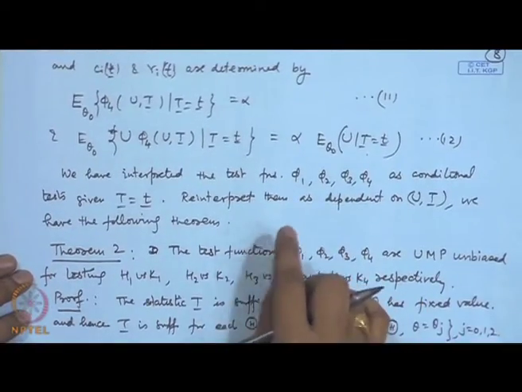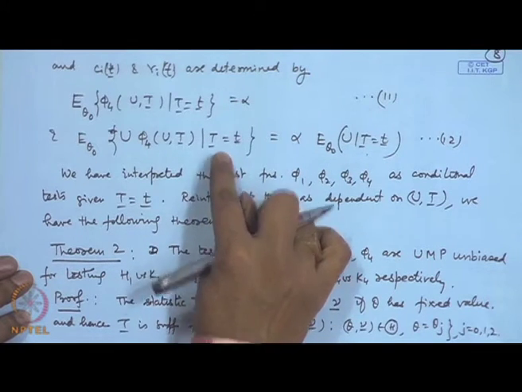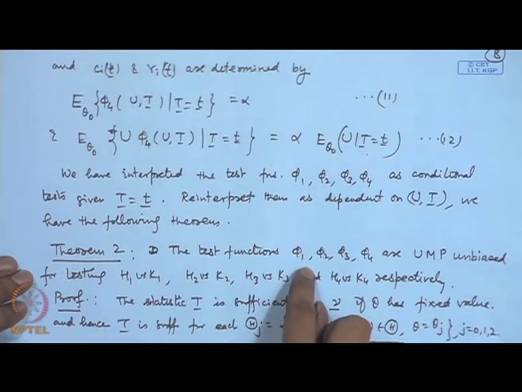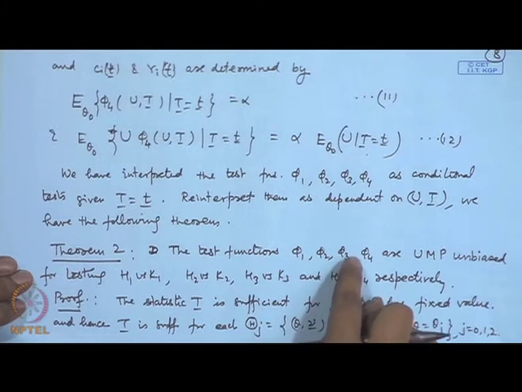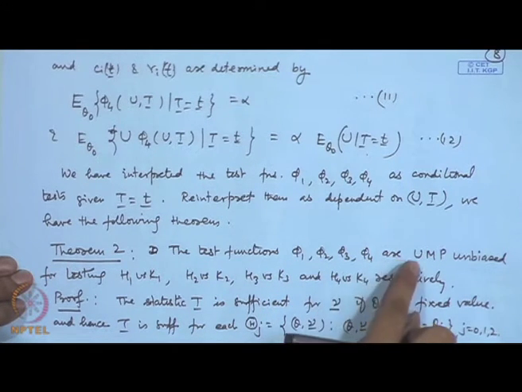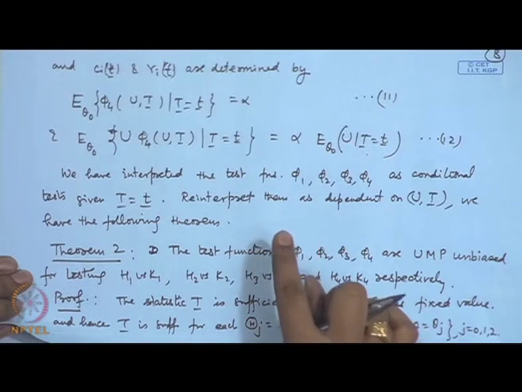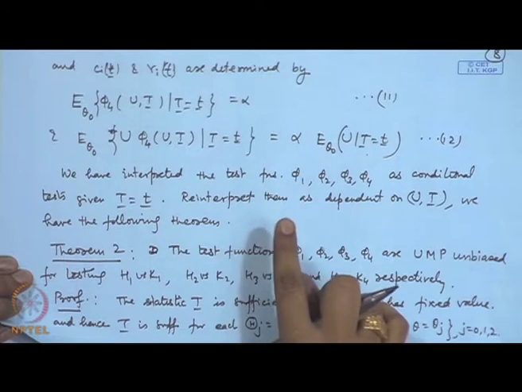We have derived the conditional tests as the UMP tests. Now, in the theorem I am claiming that for the unconditional problem the tests phi 1, phi 2, phi 3, phi 4 are UMP unbiased. So, in order to prove this one, we will take help of theorem 1 which I have given today, that means the test with the Neyman structure, and the result which I have given for the similar test in the previous lecture.